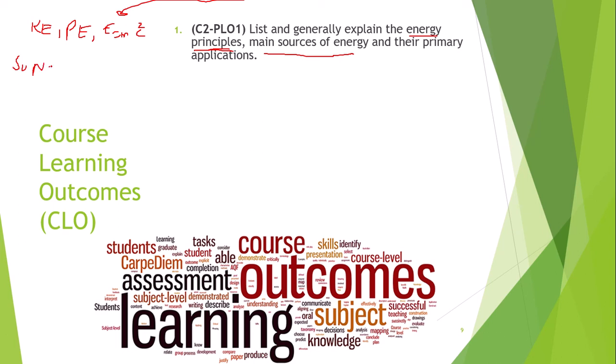Due to the sun we can get hydro, and wind is also due to the sun, wind energy, and also solar. Other main sources are the natural sources, for example coal, oil, gas, nuclear, etc.